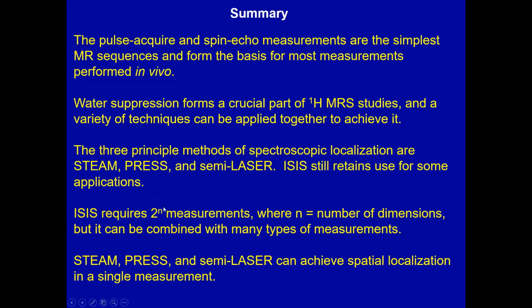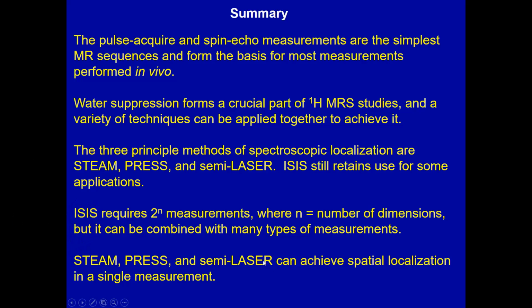So for 3D localization, it takes 8 blocks of 8 scans to get a reliable localization. And what really favors it is that it can be used well to localize carbon-13, phosphorus. It can give you very sharp localization, very well-defined voxels.